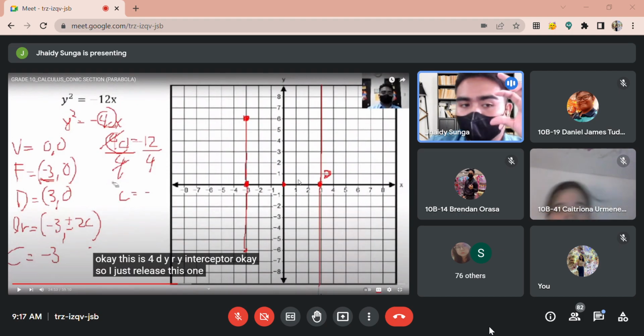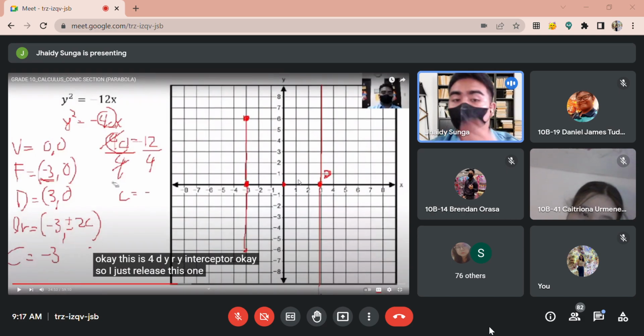The distance of that one is the value of your 2c. Okay? And we are going to add and subtract that one to our focus in order for us to get the distance or the axis that we are creating from our graph, in order for us to know what is the width of it. Okay? There you go.